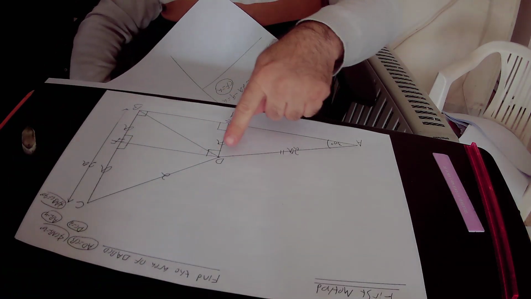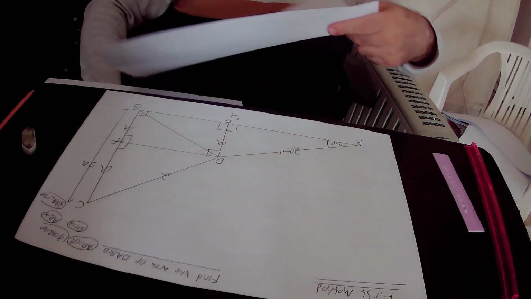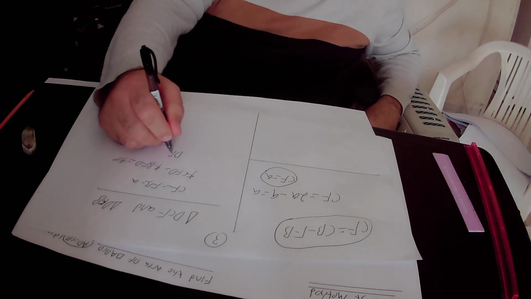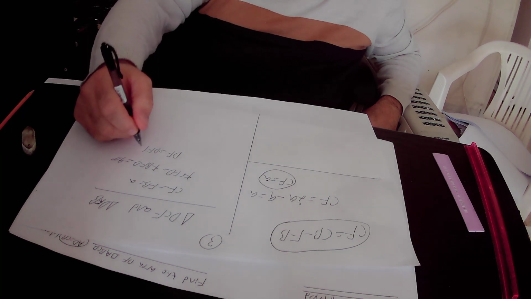And side DF is a common side, it belongs to both triangles, so DF equals DF.